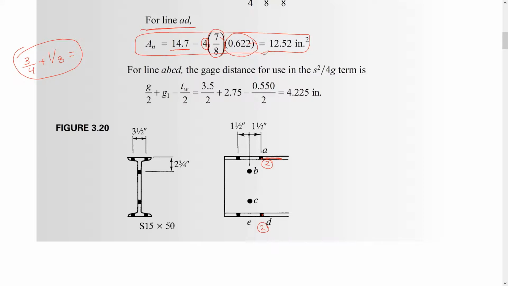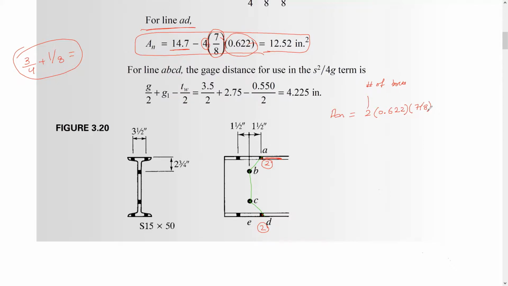Okay, so what if we check the path A, B, C, D? Here the net area is equal to, let's say, 2 bolts, this is the number of bolts, times the thickness of the flange, times the hole diameter.